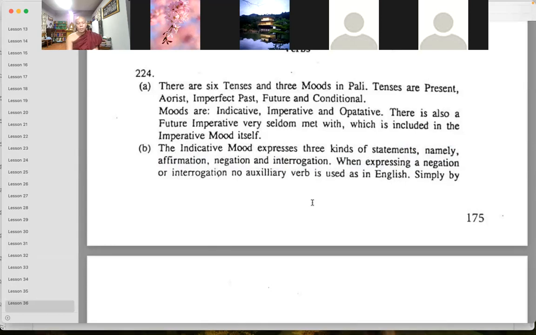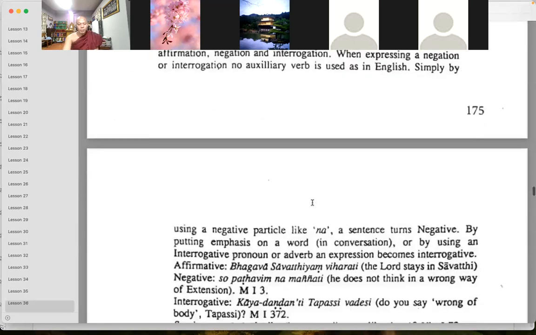So do not, does not, did not, like that. But in Pali, we don't need to use such an auxiliary or helping verb. No auxiliary verb. Just simply adding the negative particle na, or sometimes ma, like that. At that time, the sentence automatically changes to the negative sentence or negative statement. Very simple, not like English.